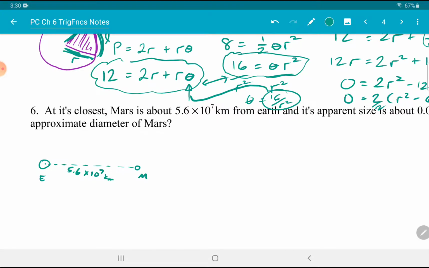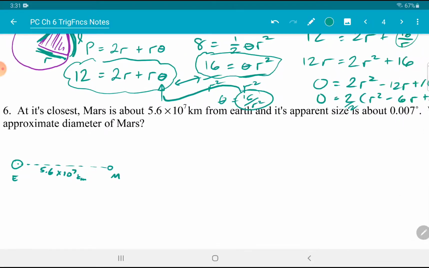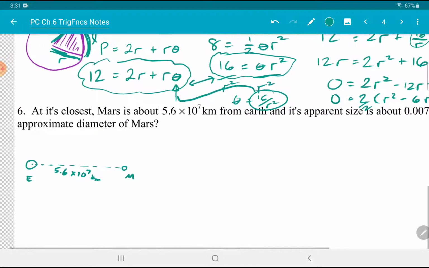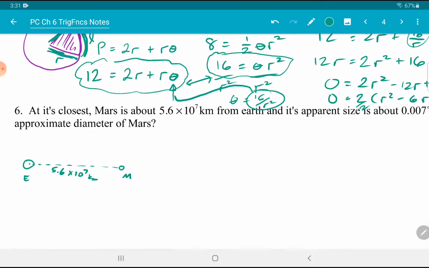Now, its apparent size is 0.007 degrees. What does that mean? Well, if you're sitting on Earth and you look at Mars, what this is referring to, I'm going to try to give you a very close-up view of what this represents right here, okay?